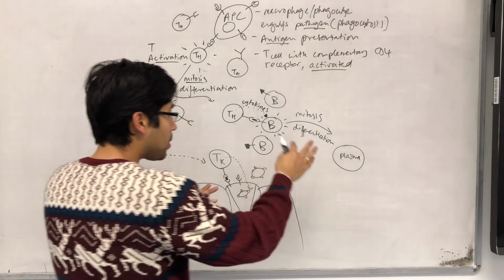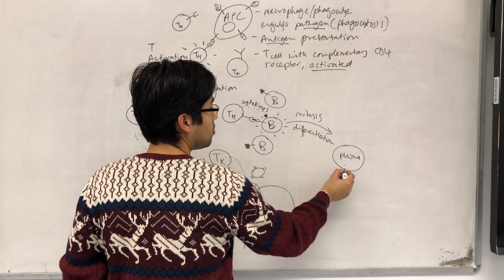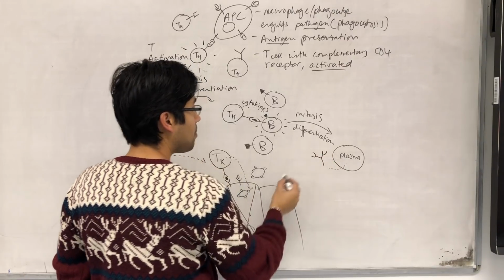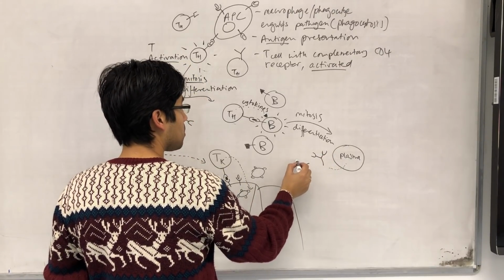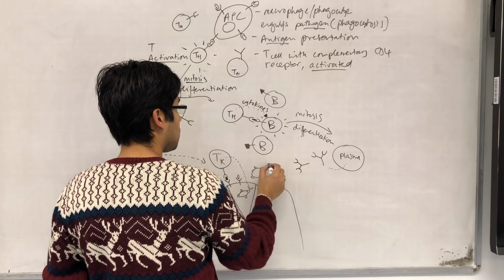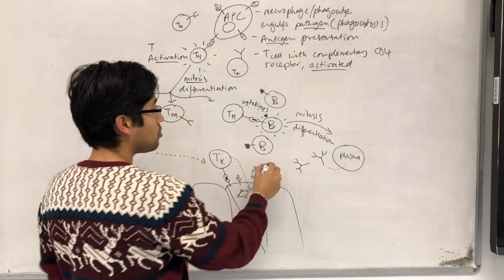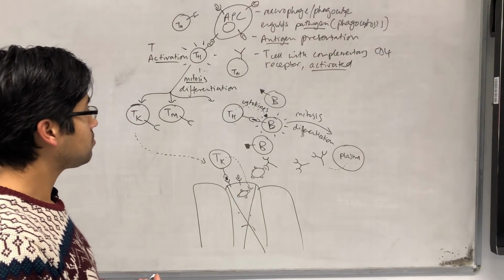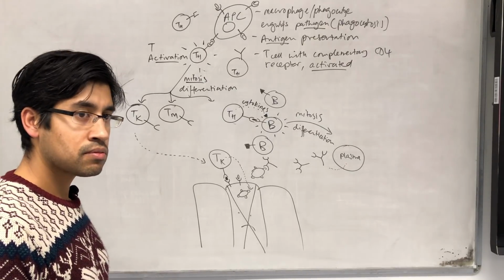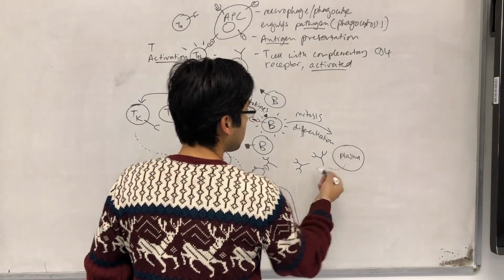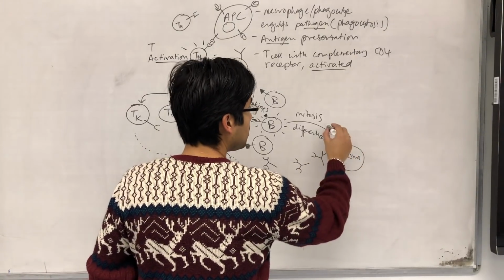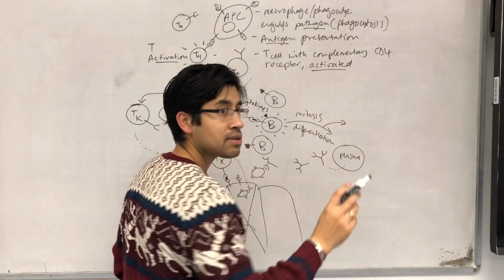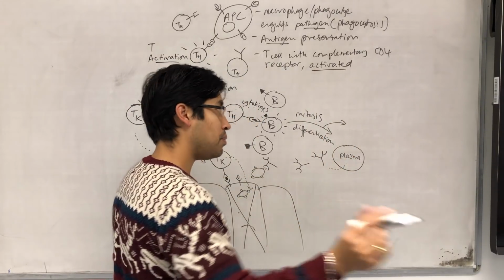What plasma cells do is produce antibodies which are capable of binding to this particular antigen. So that's the job of the plasma cell. But via the differentiation, it also produces B memory cells.